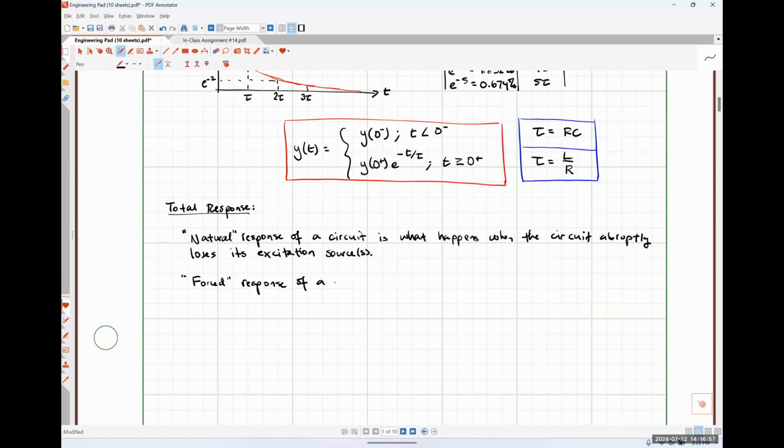The forced response of a circuit is what happens when a circuit is excited by a voltage or current source.